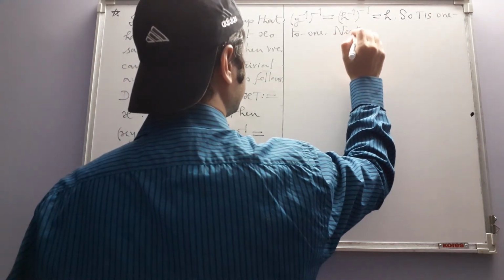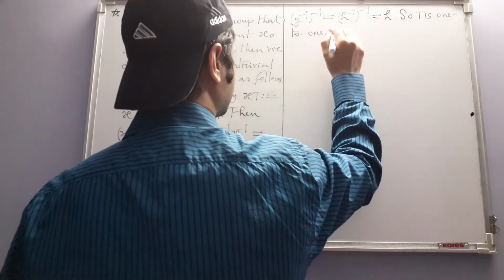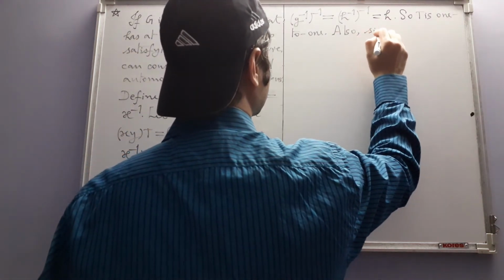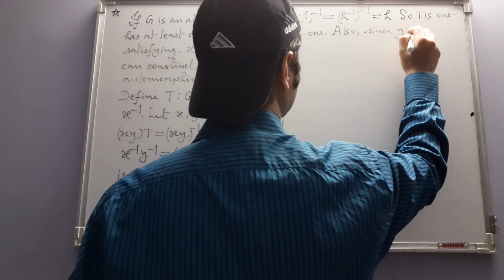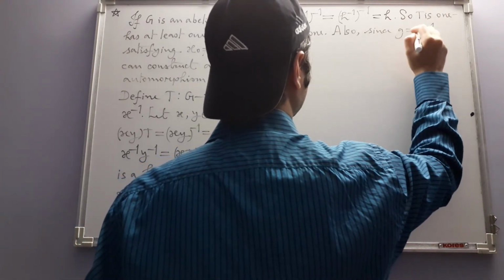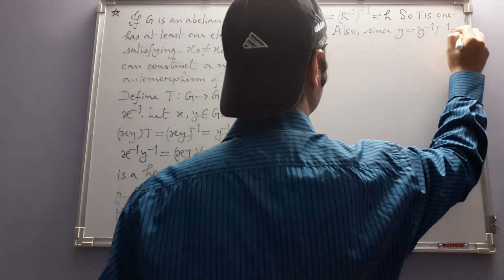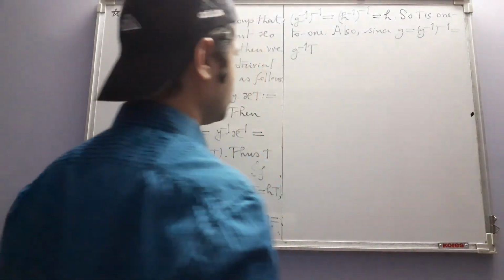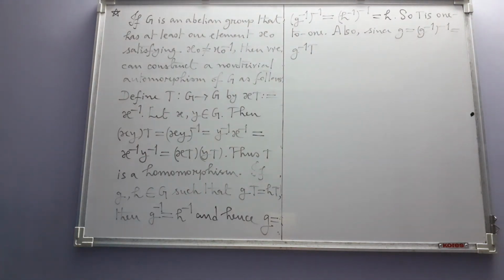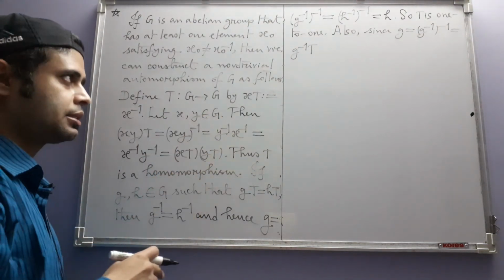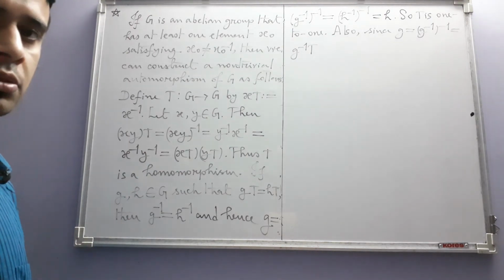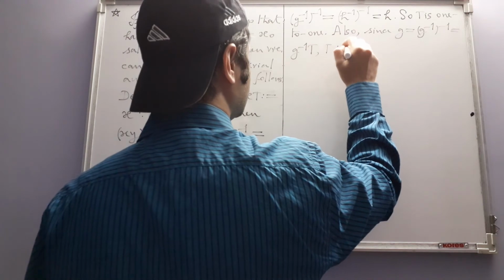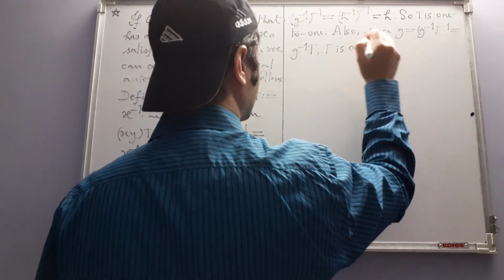Next, or in fact we can write here itself also, since g is equal to g inverse inverse, which is the T image of g inverse. So every element in G appears as the T image of something, namely its own inverse. T is onto.